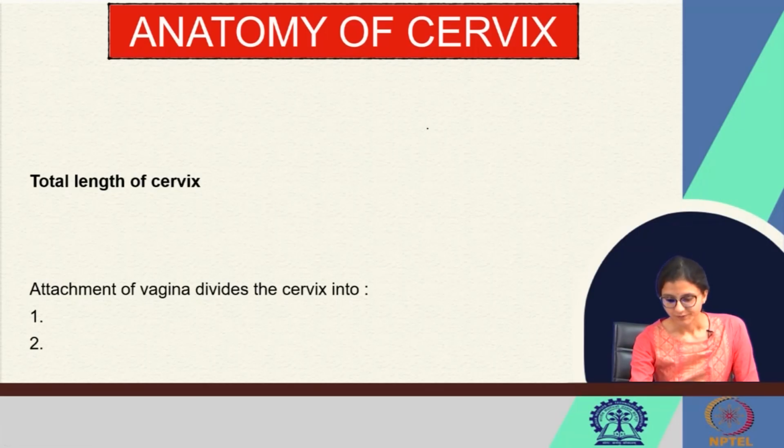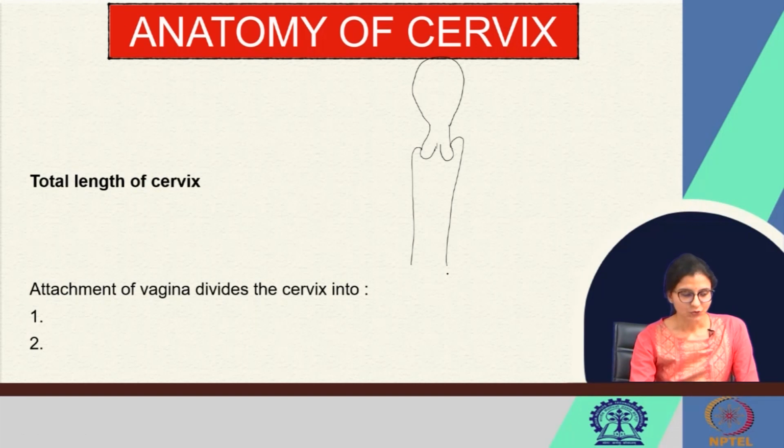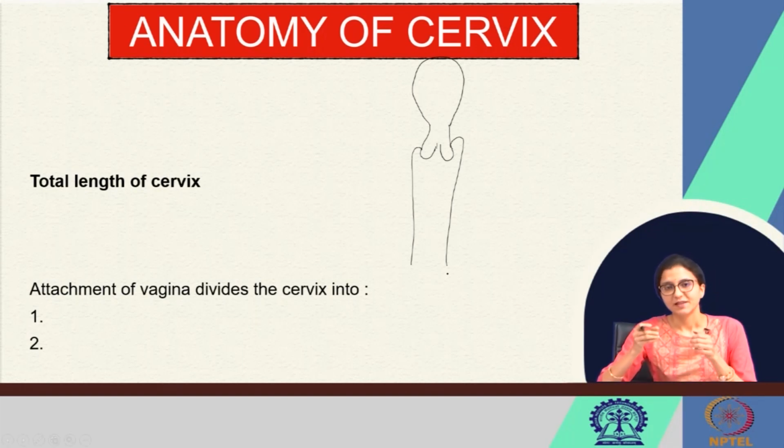We all know that the cervix is the lower part of the uterus, and we have discussed in the previous class that the vagina is attached to the cervix at its middle, right. So, this cervix is divided by the attachment of the vagina on its sides into two parts.